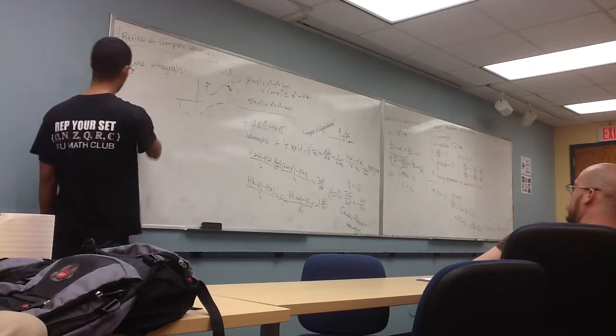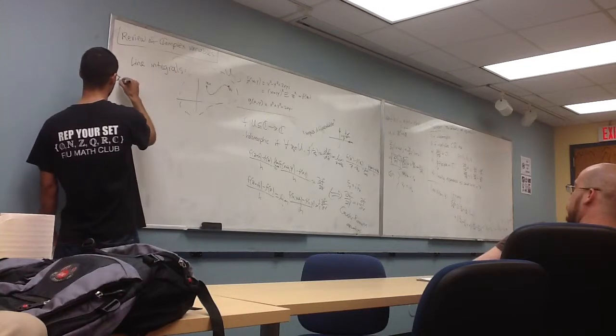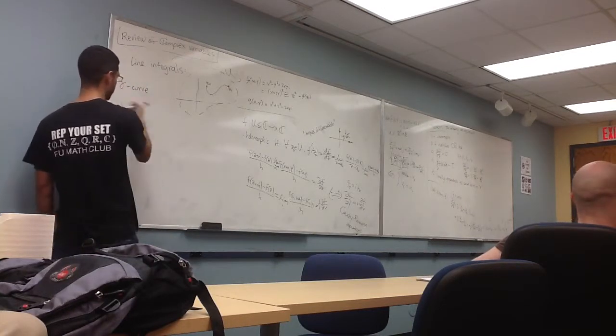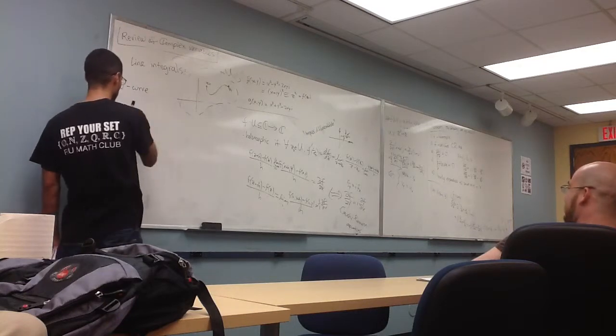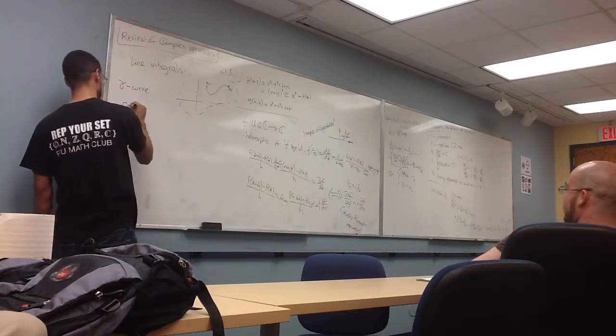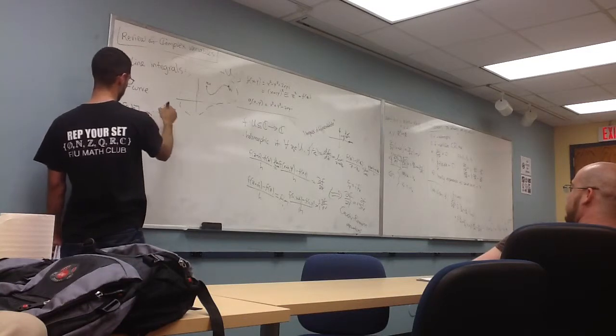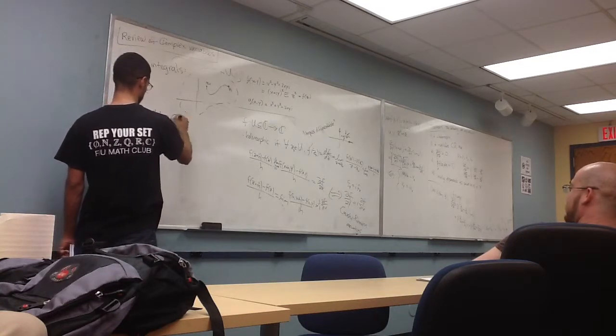Let me just remind you what curves are. A curve gamma is one of these, but you parameterize it with one dimension. So gamma is a function from [a,b] into U, a subset of C.